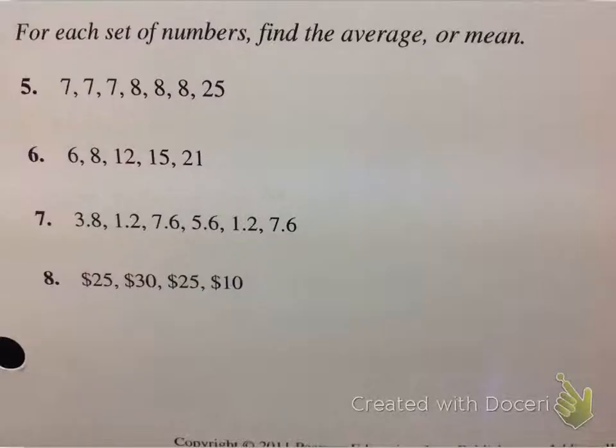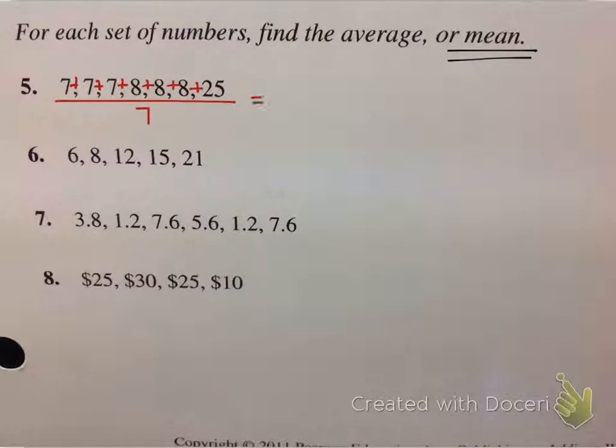So we're going to start with the average or the mean. When you're finding the mean, you're going to add up all of your numbers and then divide by the number of items that you have. In the first example, I'm going to add all of these numbers together and then divide by 1, 2, 3, 4, 5, 6, 7 because I have 7 pieces of data.